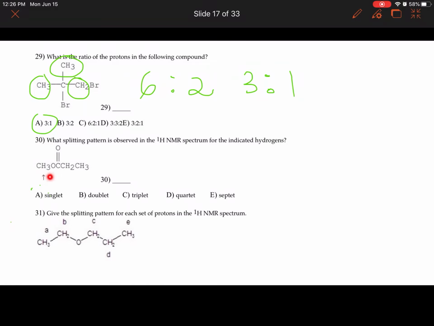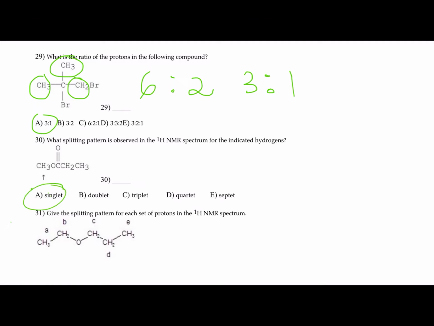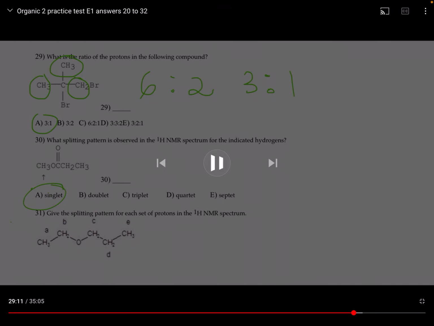And what splitting pattern is observed in the proton NMR spectrum for the indicated hydrogen? The indicated hydrogen is at the methyl group. Remember, you will always have a splitting due to a 3-bond coupling, meaning you need to have a hydrogen on the neighboring carbon atom.